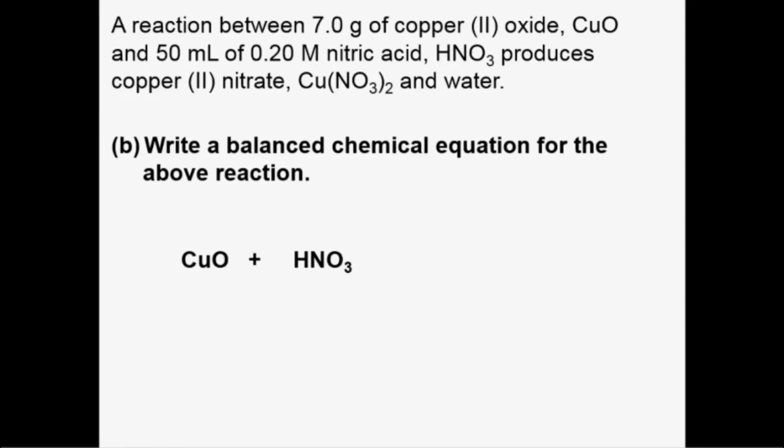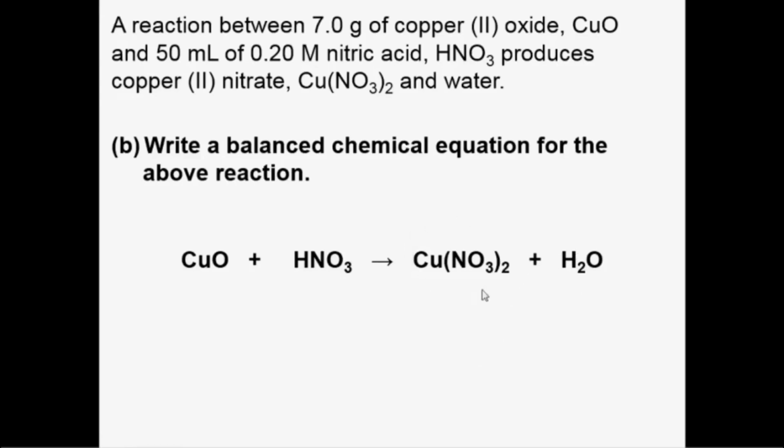Okay guys, remember, balancing the equation is very important, because if you balance it wrong here, you are going to have problems in the next questions, C and D. So we have the copper 2 oxide and nitric acid. When these 2 react, we get copper 2 nitrate and water, and this equation is not balanced. As usual we start with the most complex substance.